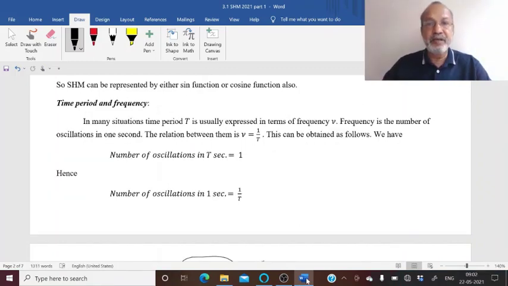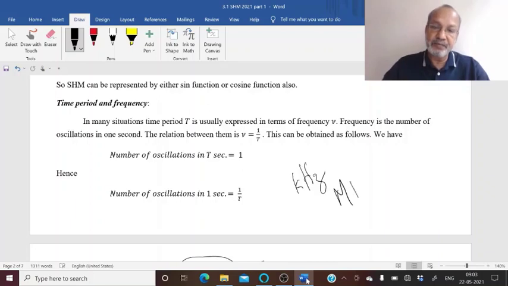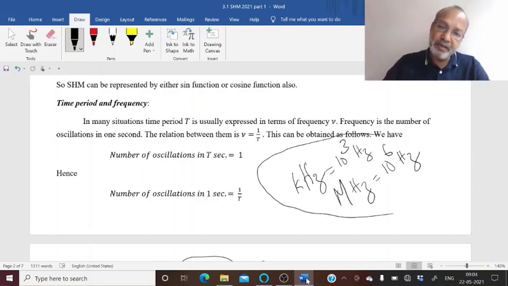You might have heard of kilohertz and megahertz, etc. Kilohertz is actually 10 raised to 3 hertz, and megahertz is 10 raised to 6 hertz. These terminologies are familiar in the case of frequencies of radio stations.